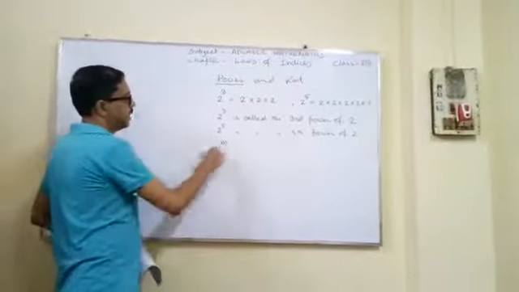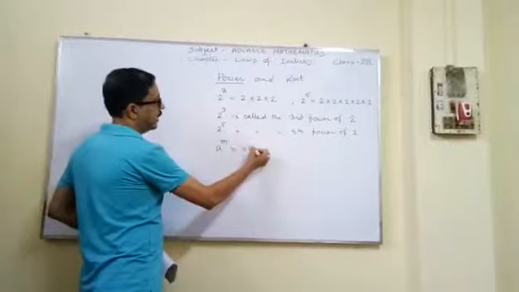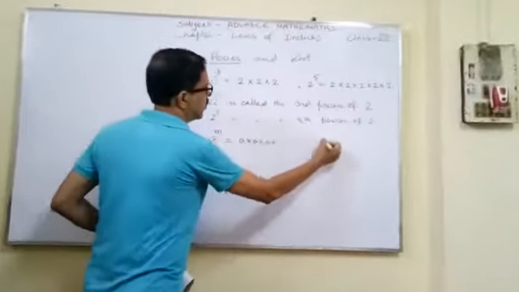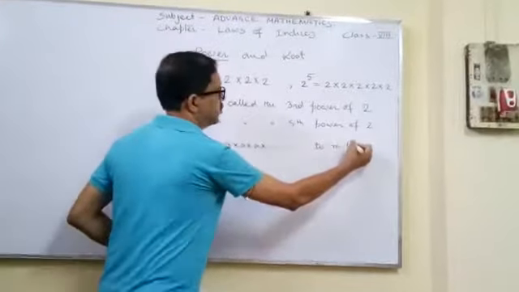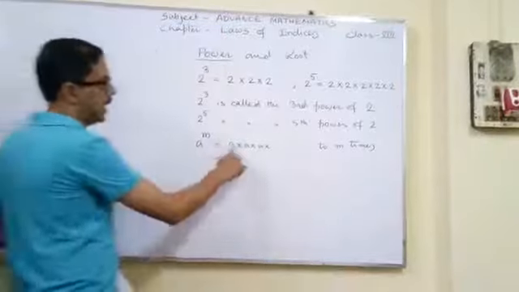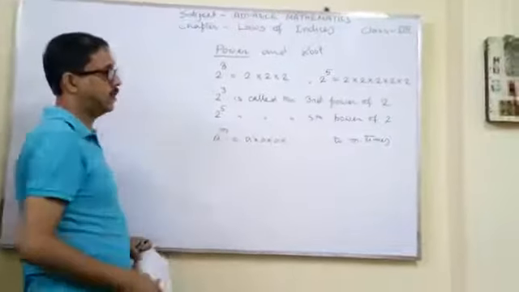then a to the power m means the continued product of a up to m factors. That is, we write a m times. There is a continued product of a up to m times, called a to the power m.